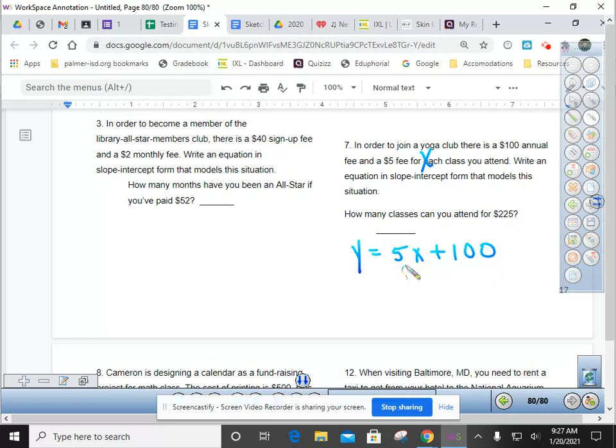This says how many classes can you attend for $225? The x represents the classes, so where do we put the 225? In the y. And you know how to solve that, so go ahead and do it. What do you move first? The 100.